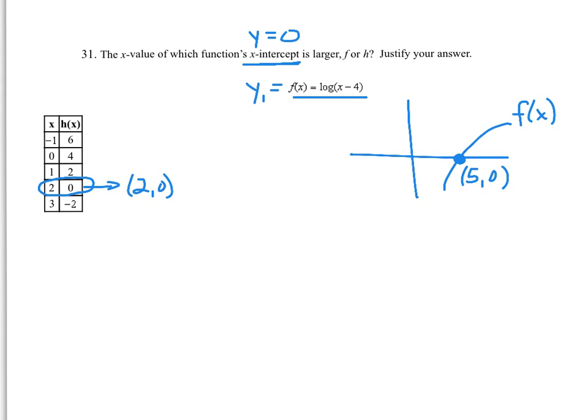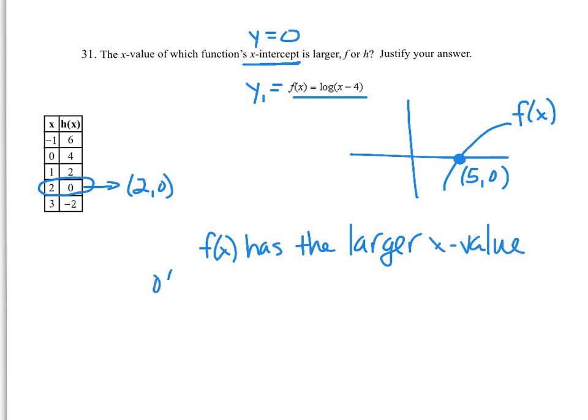So then we would say that f of x has the larger x value of its x-intercept. I'm sorry, that's so messy. Because 5 is greater than 2.